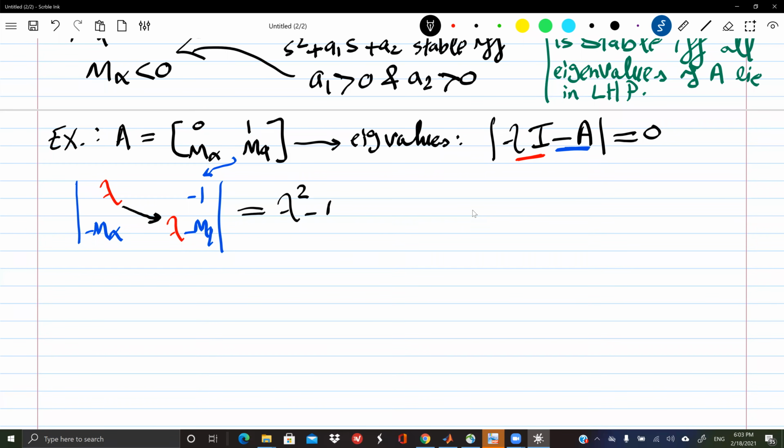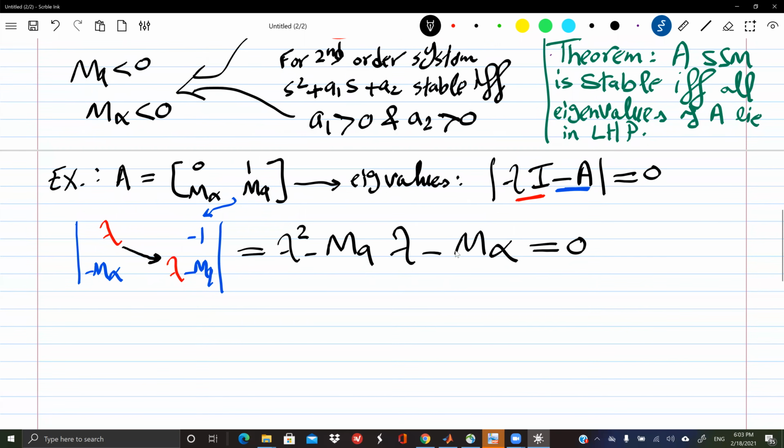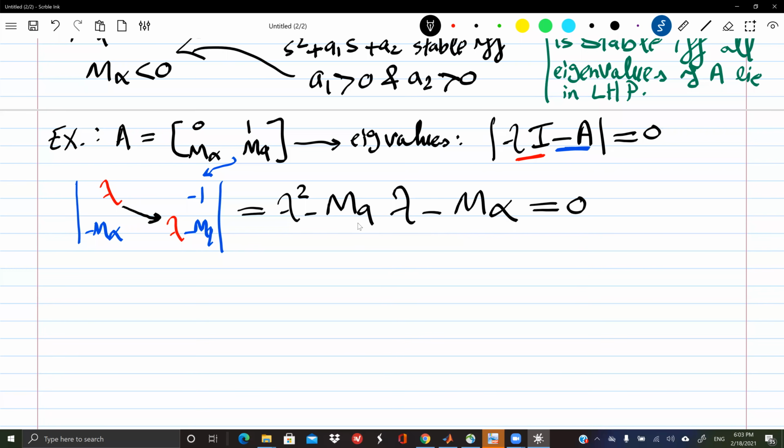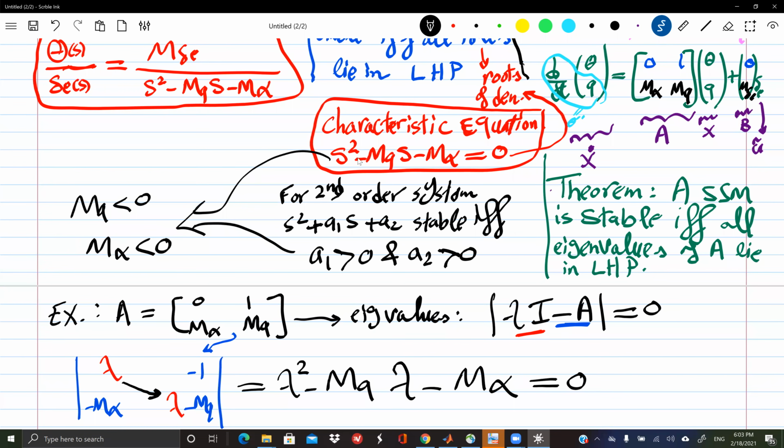So lambda squared minus MQ lambda minus the other way around, so minus M alpha, equated to 0. Solve for lambdas. These are your eigenvalues. And for stability, the eigenvalues should all be in the left half plane. So this is the equation that I'm going to solve for the lambdas. Let's record the characteristic equation. This was the characteristic equation that I got from the transfer function.